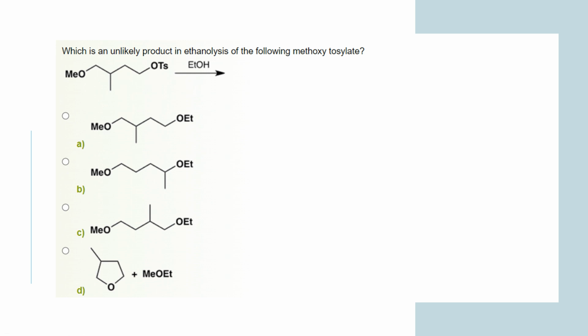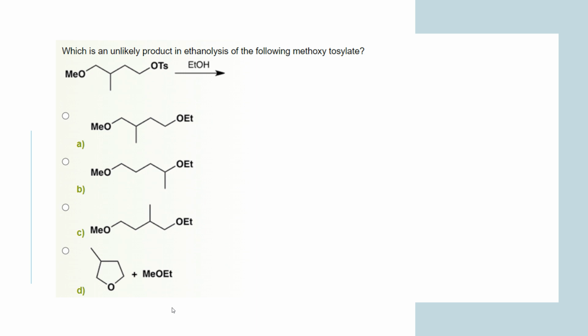You are told that out of these four products, three are possible to form in the reaction, but one of these will not form in any situation. I hope you understand. Three of these products are going to form, but one product will not form. So you have to just identify which product is not going to form in the reaction at any cost.